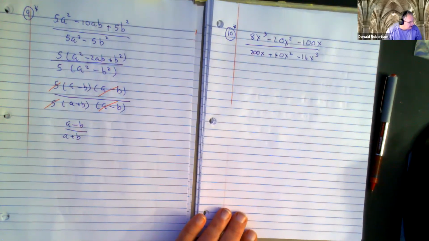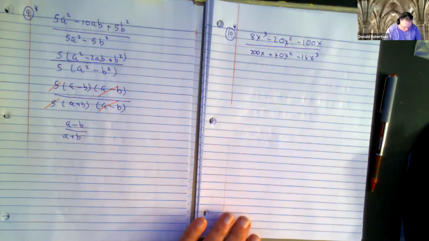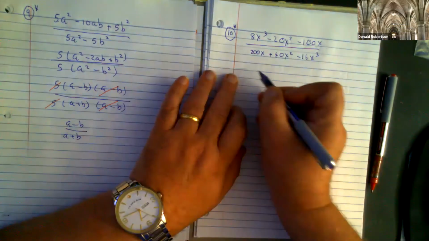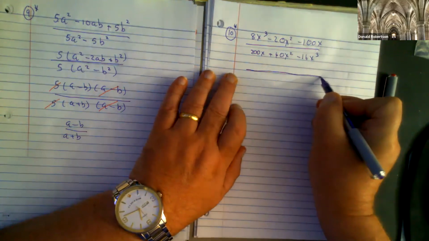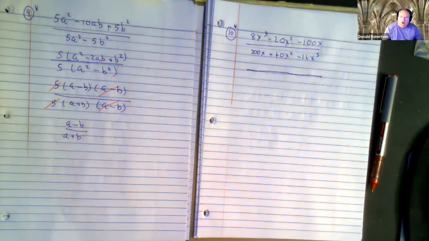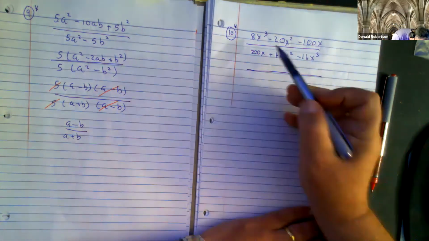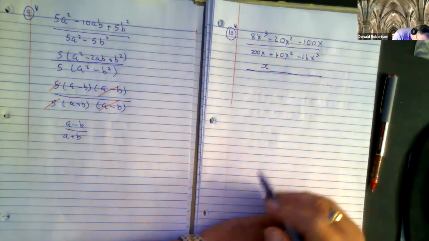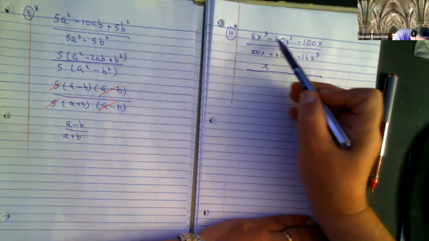Now, it's not that obvious what the factors are going to be when an expression gets really big and really ugly, as you can see here. But nonetheless, there is a kind of strategy. You start by looking for common factors. Well, there's an x, there's an x, and there's an x. That's definitely a common factor. You then look for some numbers, an 8, a 20, and a 100.